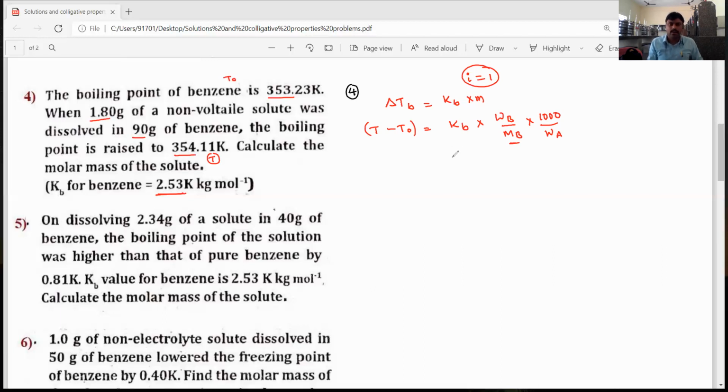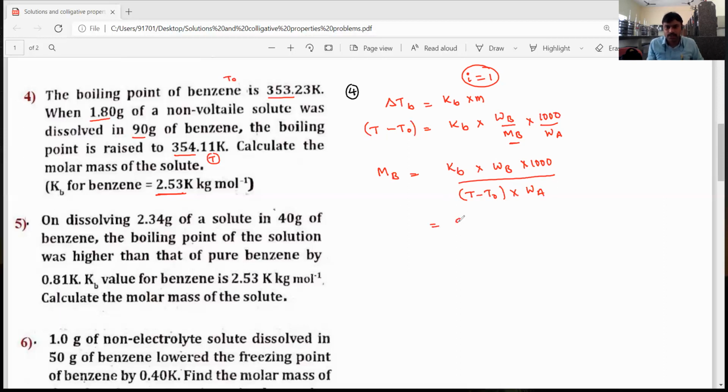Okay students, now MB is equal to Kb into WB into 1000 divided by T minus T0 into WA. You just have to substitute the values.